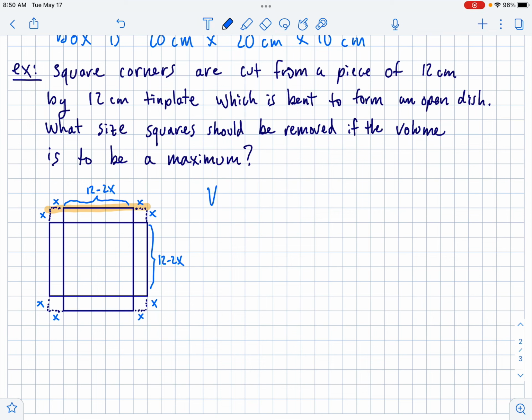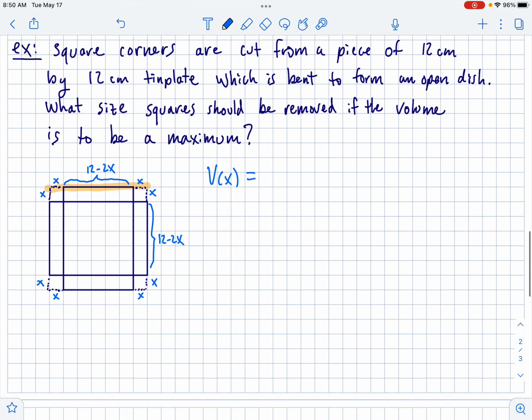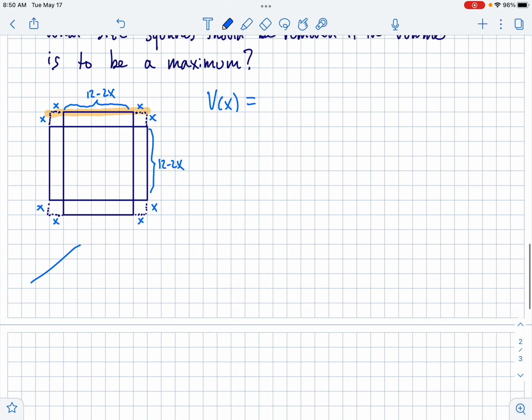So we're going to write a model for this. We're going to call it V of x for volume. Now, when you fold this box up into an open dish, like it says, it will look something like this. Excuse my crude drawing, it's getting a little wobbly.